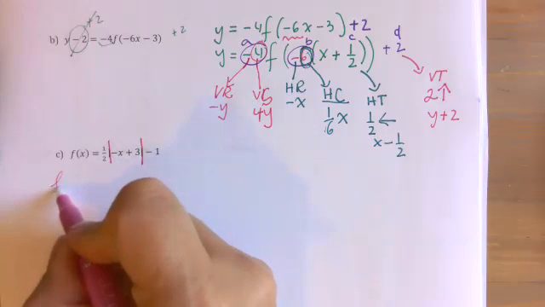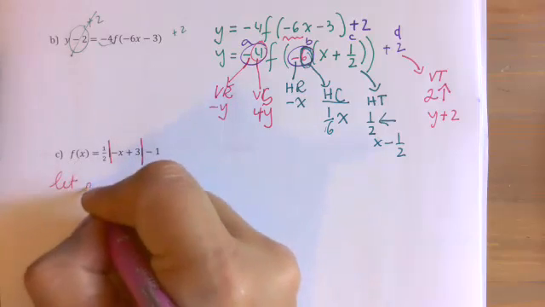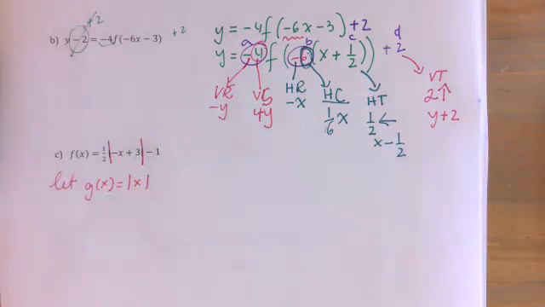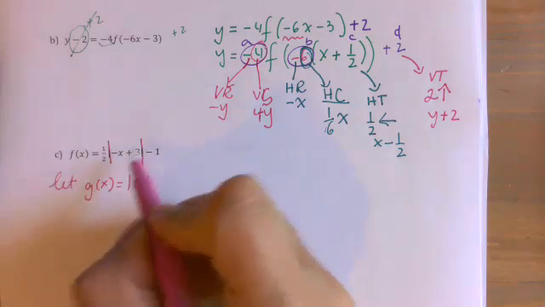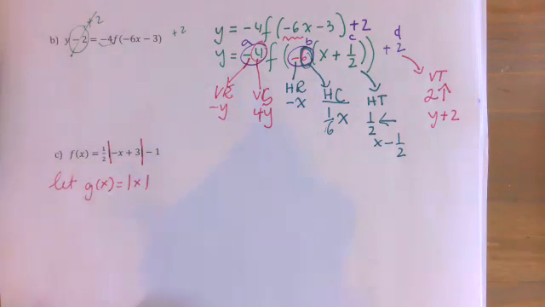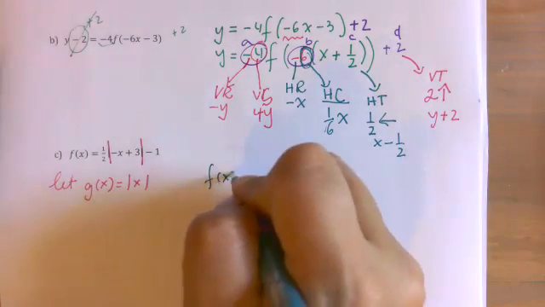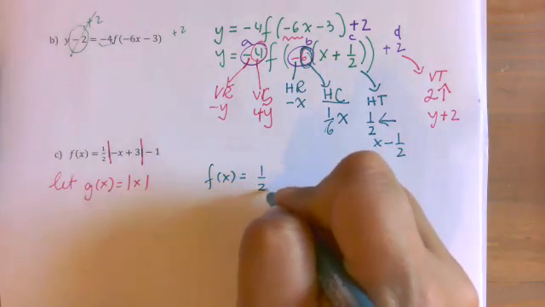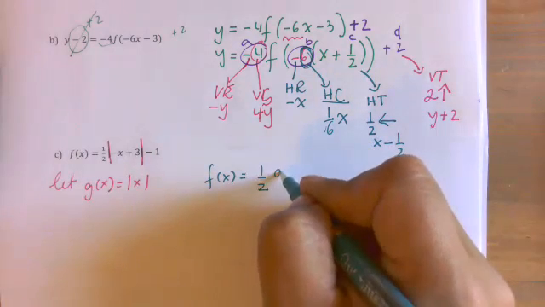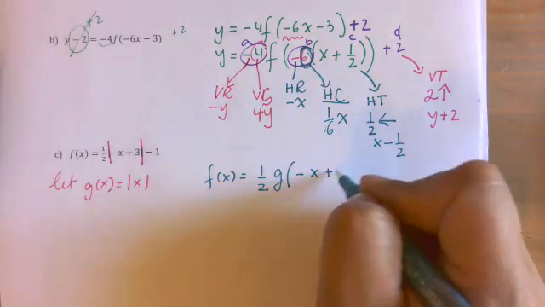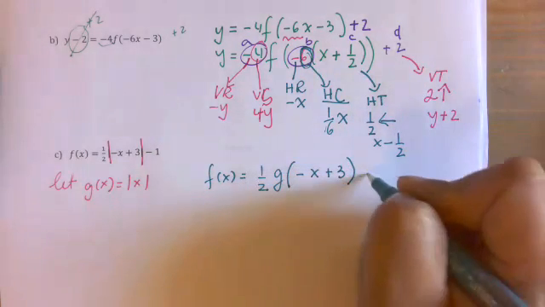You can say, let g of x be the absolute value function. And then instead of writing the bars, you just replace it with g of notation. So for us, it will look like that. F of x equals 1/2. So no more bars, just g of negative x plus 3 minus 1.